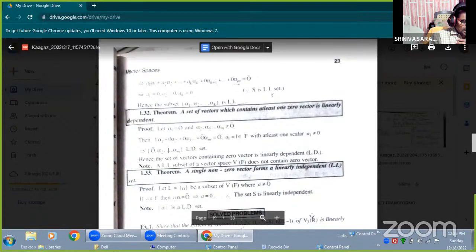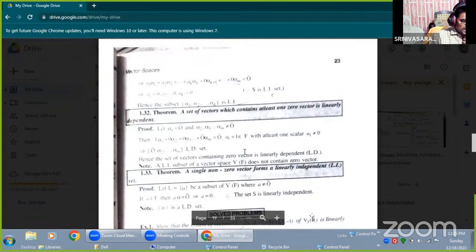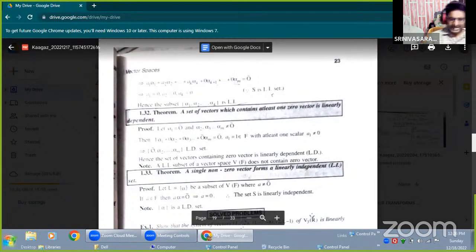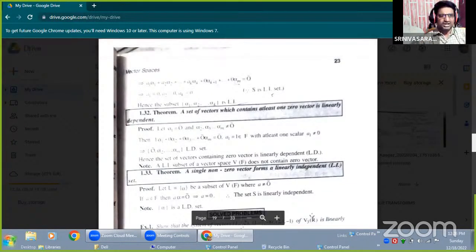So one vector is the zero vector, but the remaining vectors are non-zero. That type of set of vectors is also a linearly dependent set. At least one zero vector is given in this set, so it is linearly dependent.